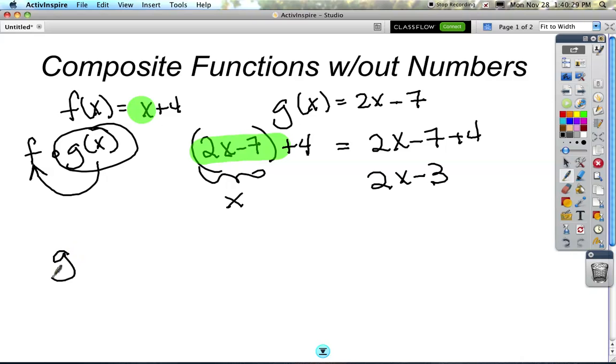Now see if you can do the g of f of x. I don't have to write it down again, but what is this equal to?